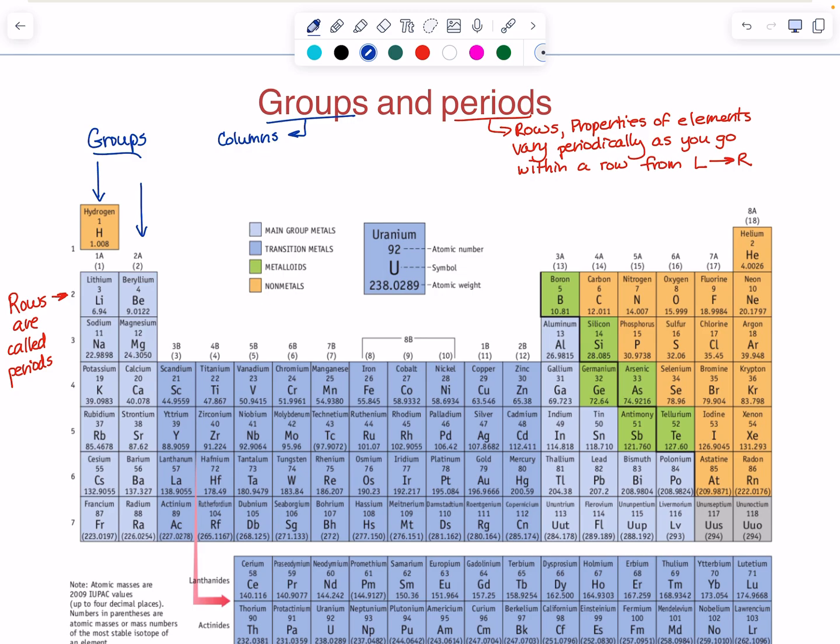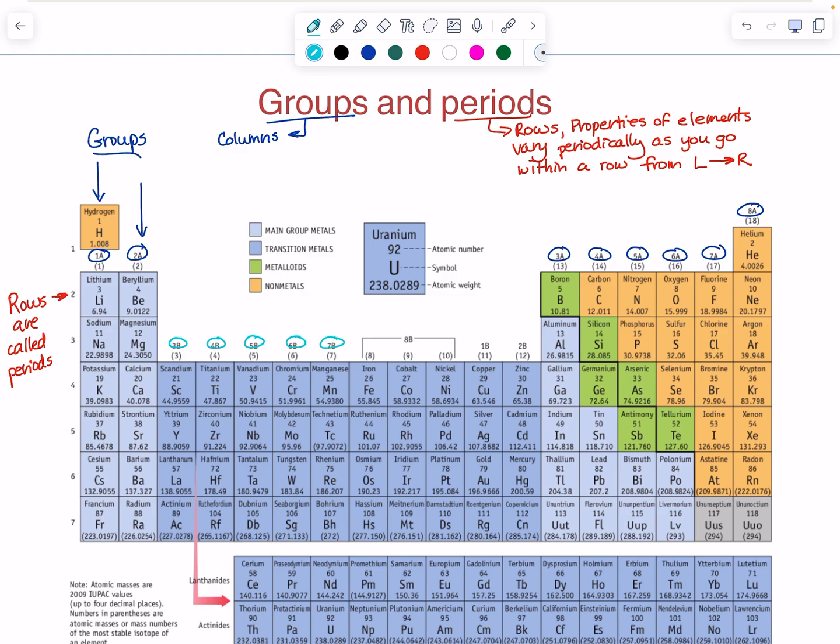You will notice in the version of the periodic table that your textbook uses, and that's typically used in North America, there's another set of numbers that have 1A, 2A, 3A, 4A, 5A, 6A, 7A, 8A, and then another set of columns are numbered with B. So we've got 3B, 4B, 5B, 6B, 7B, and so on.